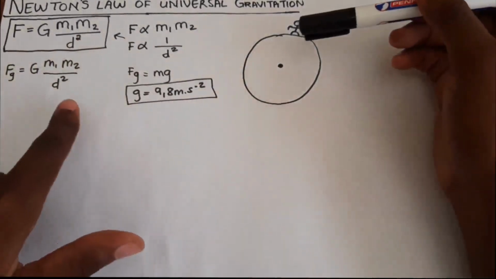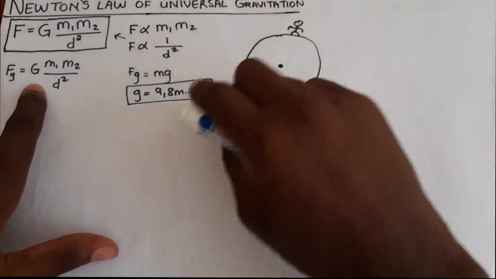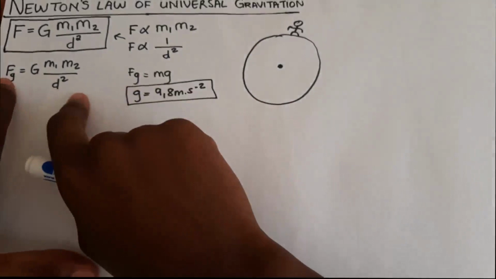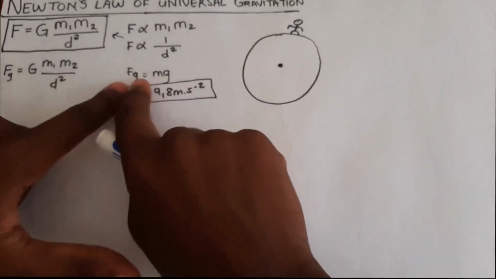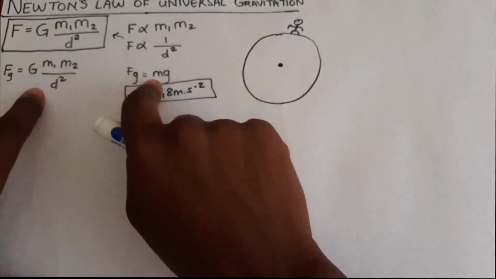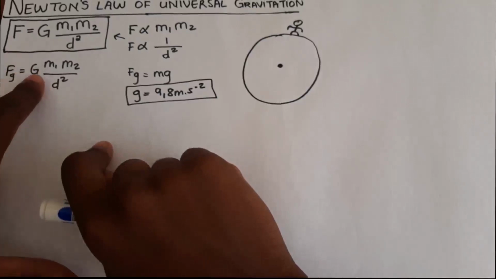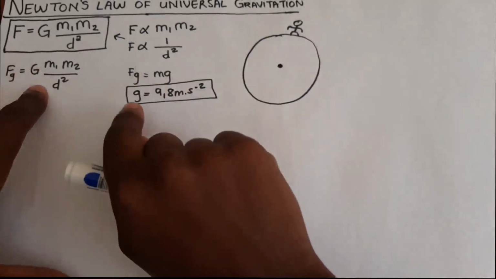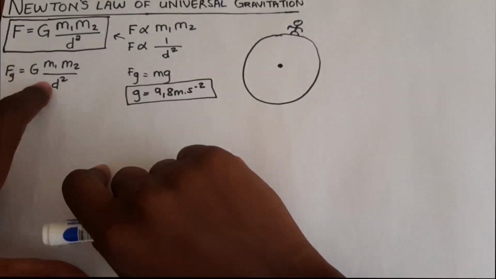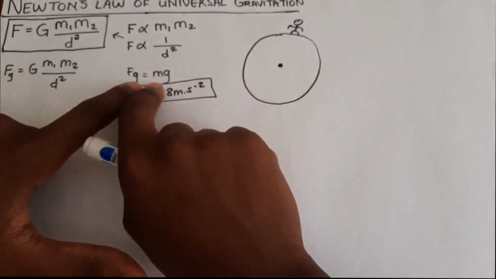This and this are the same thing, and this is the formula that is equal to the gravitational force, as well as this one. The difference is that in this one the object or the person is in space, we use this one. This one is only applied to the objects that are in contact with the earth's surface.